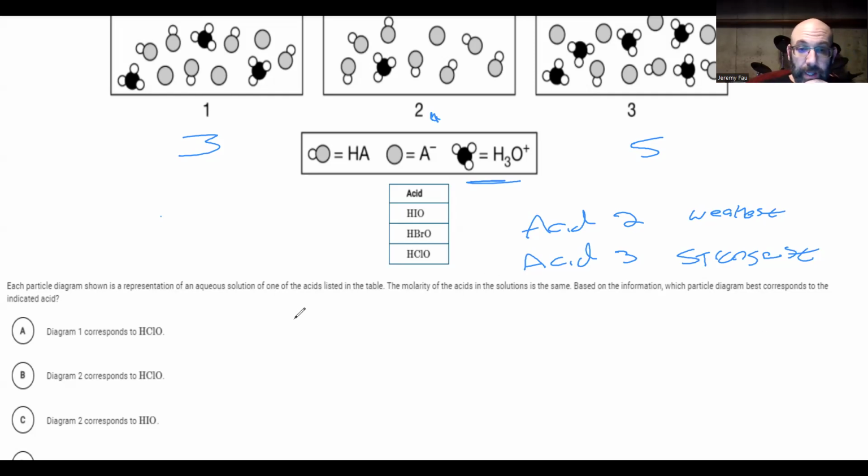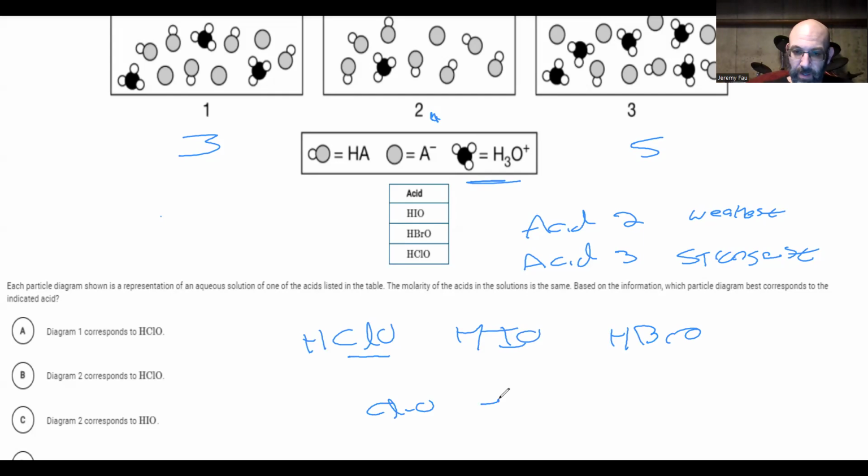All right, so if we look here, we have HClO, HIO, and HBr. All right, so of these 3, they're all different oxyacids. If we look at their conjugate bases, we want a conjugate base that's going to have the ability to hold on to a negative charge and be somewhat stable here.